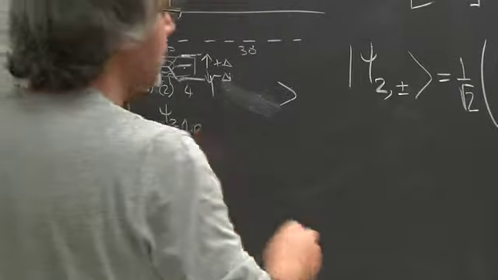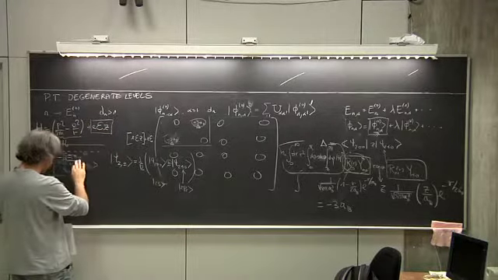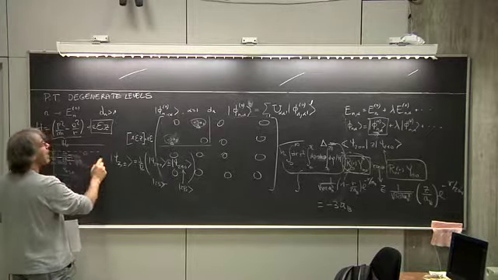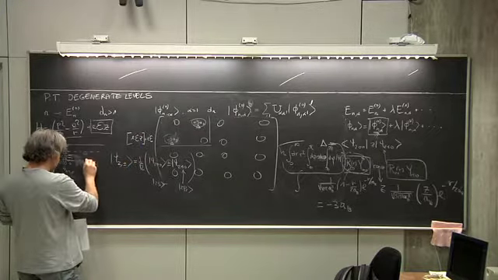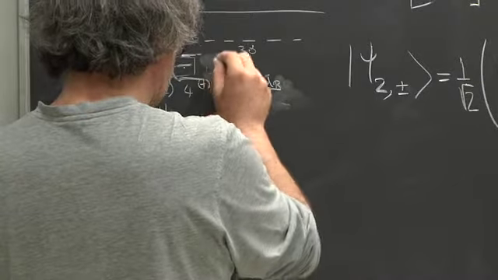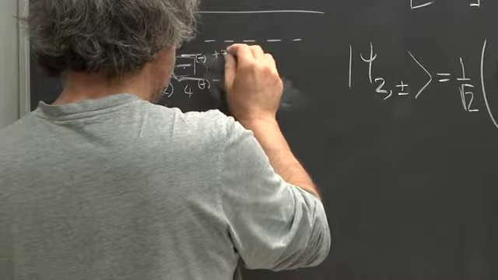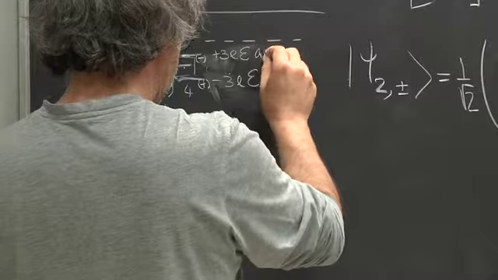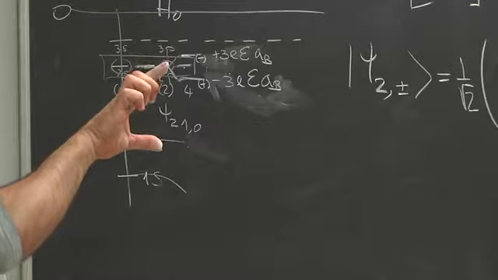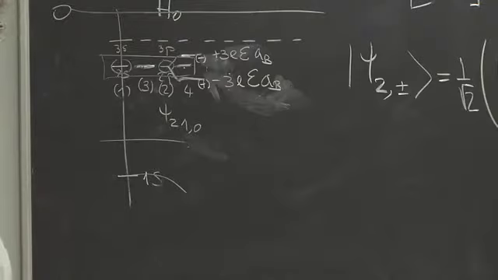So the state with the plus really goes down by minus 3 E electric field Bohr radius, and the state with the minus goes up by plus 3 E electric field Bohr radius. So linearly with the electric field. Notice, this is quadratic with the electric field; this is a linear object.